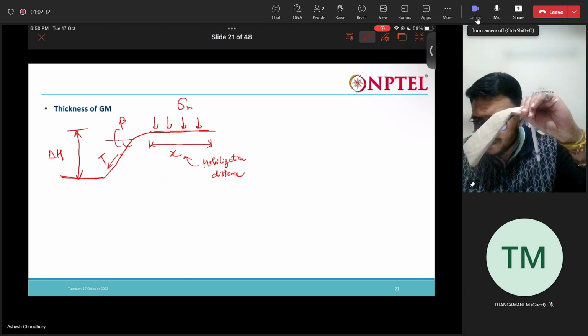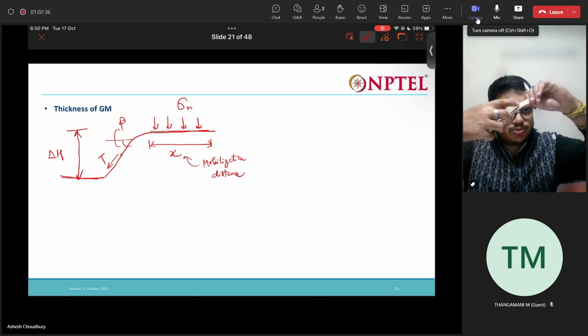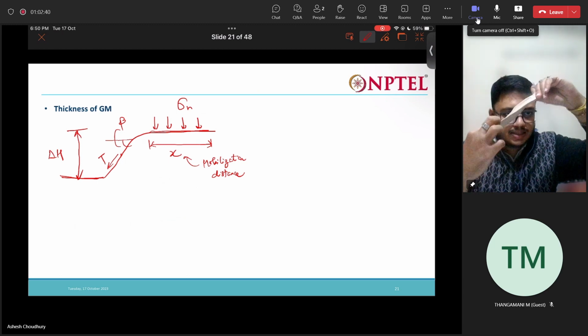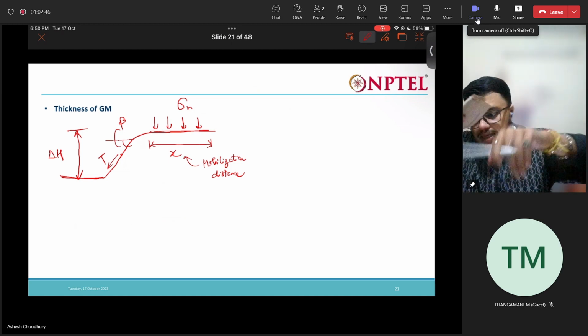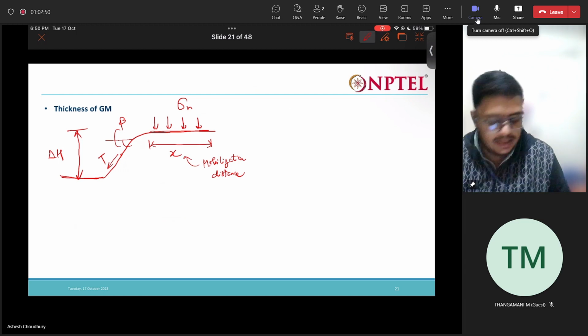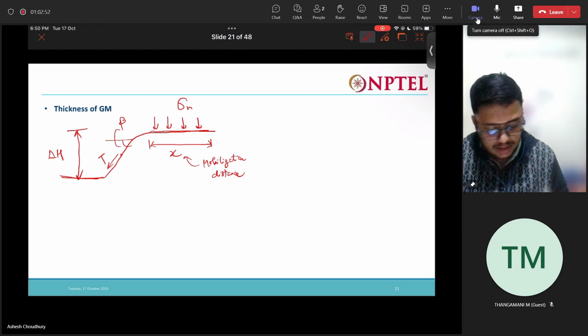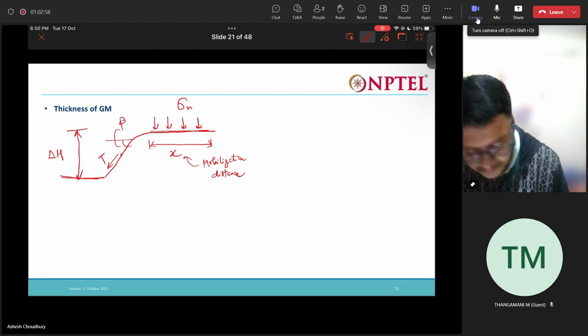This tension will have two components, one horizontal component and the other vertical component. The vertical component of this tension gets mobilized along this x direction. It is not equally distributed. I will show you how it is distributed.